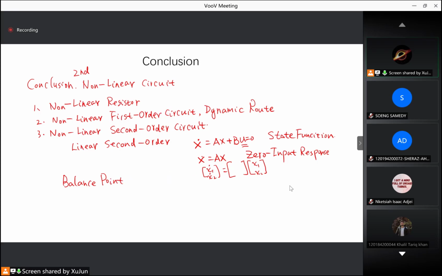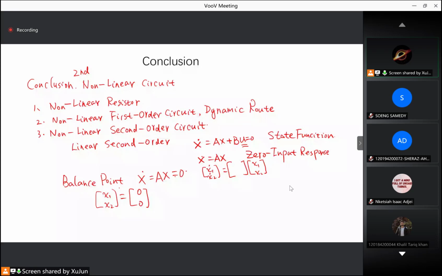Balance point means the x1, x2 will not change with time anymore. So the differential to time t will be zero. So the balance point x1, x2 is 0, 0.